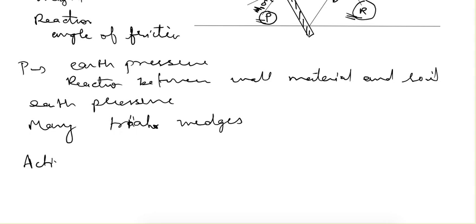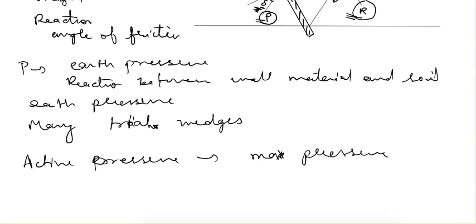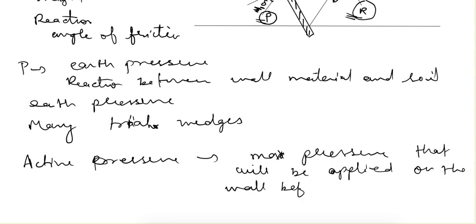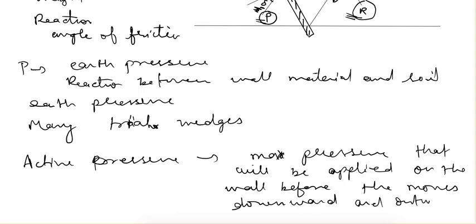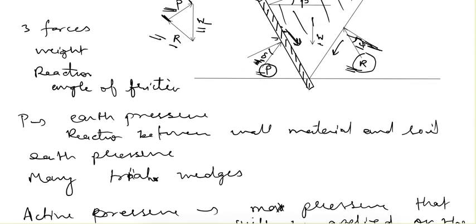So active earth pressure is the maximum pressure that will be applied on the wall before the wedge moves downward and outward also. Here this wedge is trying to move downward and outward.